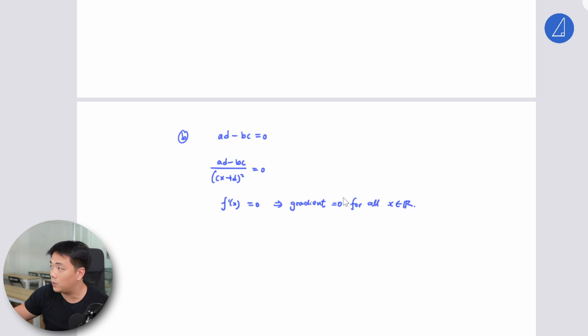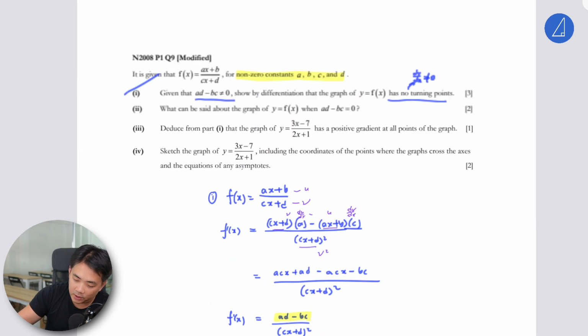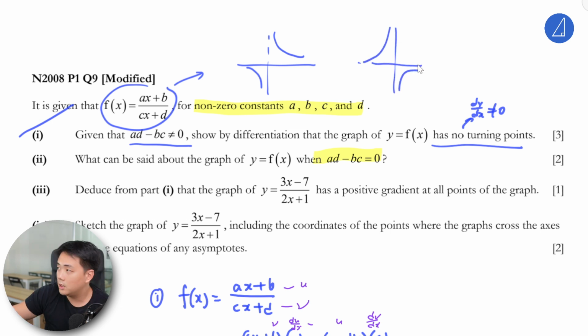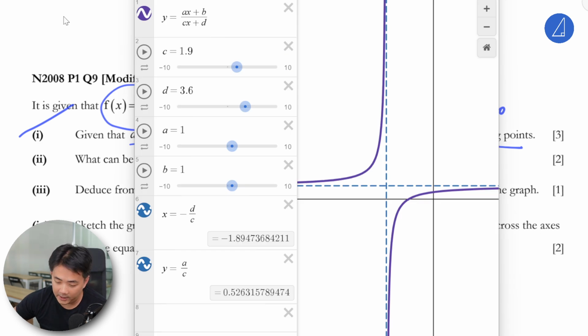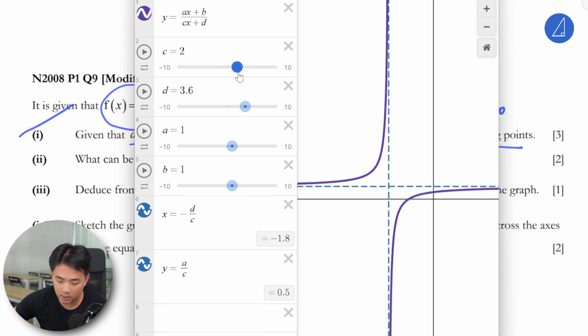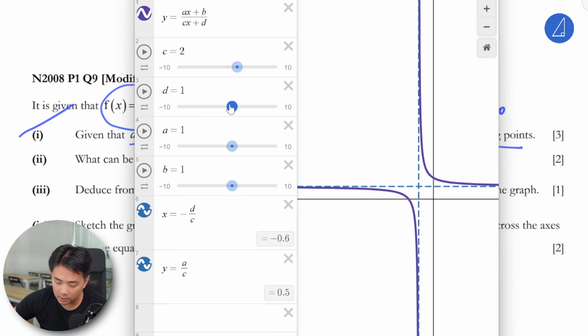The way you think about it is that this is a rational function. When we draw this rational function, it looks like that or it looks like that. I'm going to use Desmos. At minimum, it looks like this. If I swap the different values here, it will just change, like that.